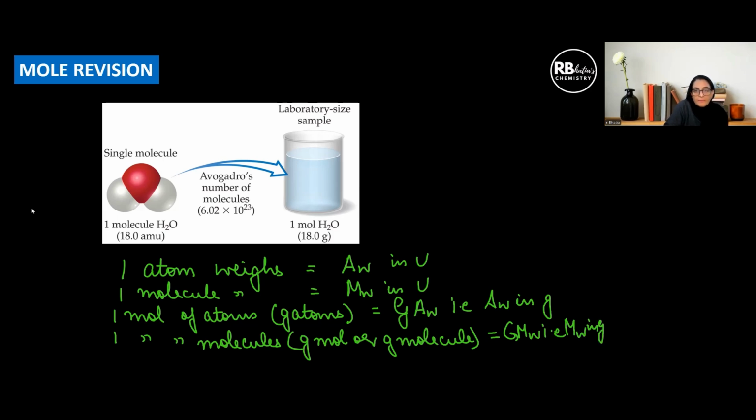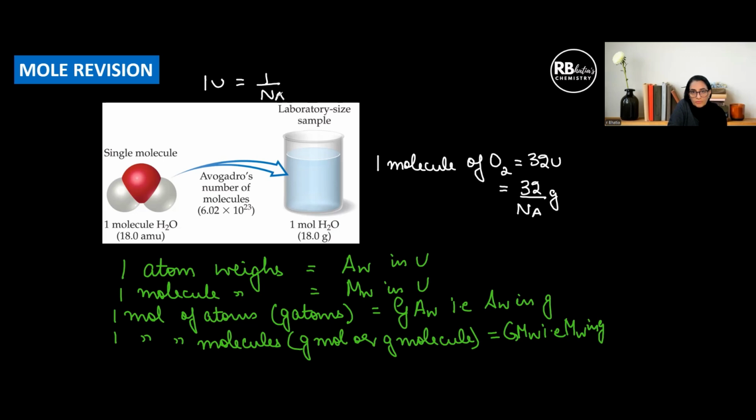Now, if we take up some examples, supposing I ask you the mass of one molecule of oxygen, you're going to say 32 U, right? Or 32 upon Avogadro number of grams. Why? Because we know 1 U is 1 upon Avogadro number of grams.